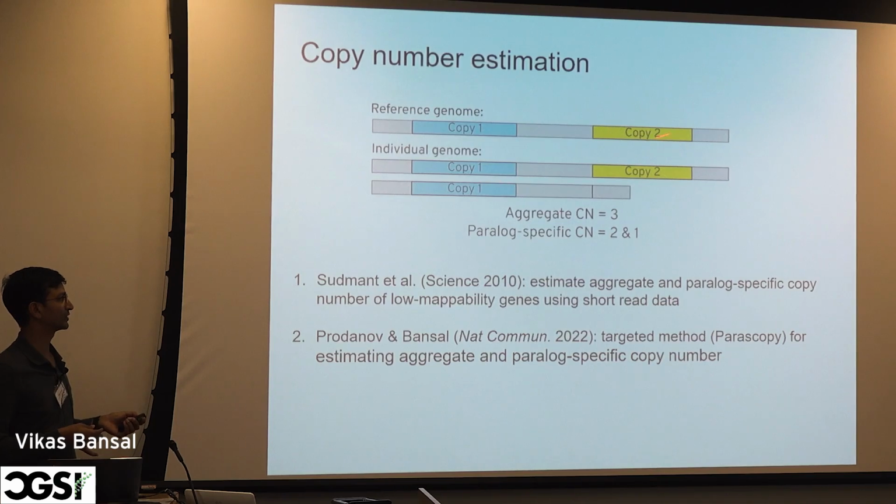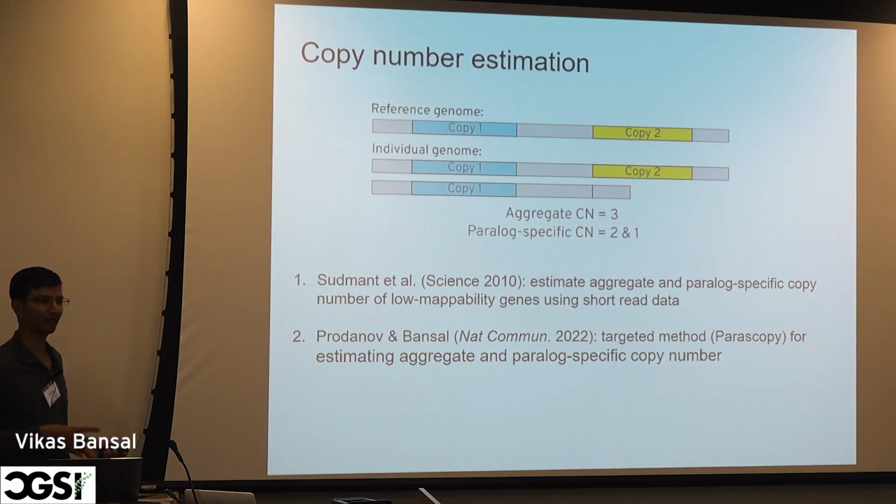In this case, you have copy 1 and copy 2, a total of 3 different repeat copies. Paralog-specific copy number would mean that you have 2 copies of the blue one and 1 copy of the other one. And this was done in 2010.